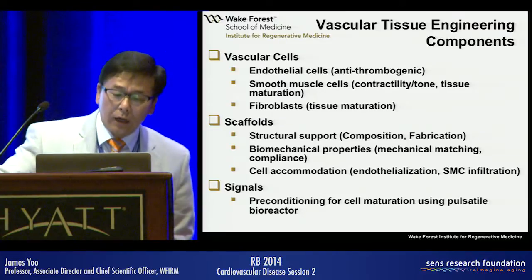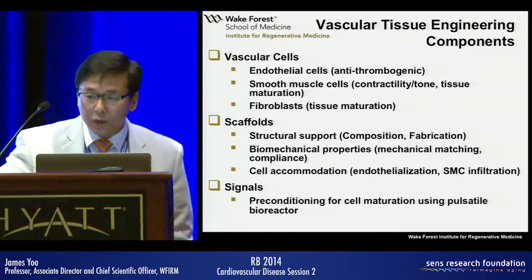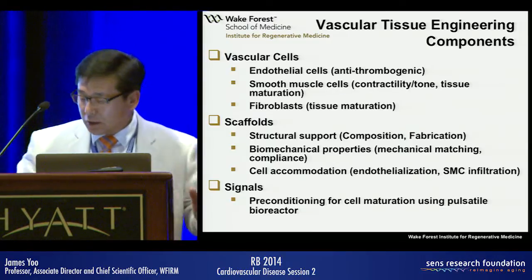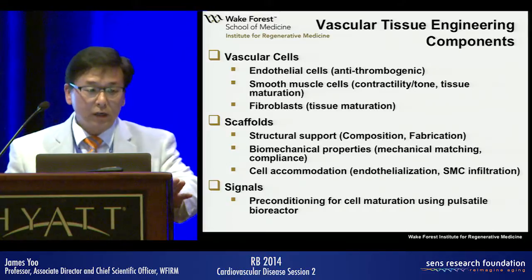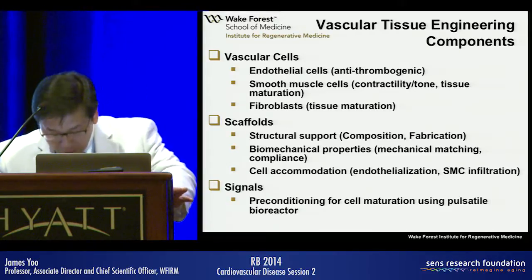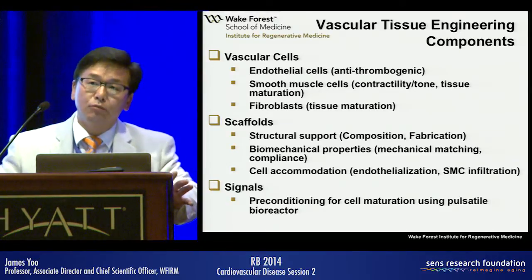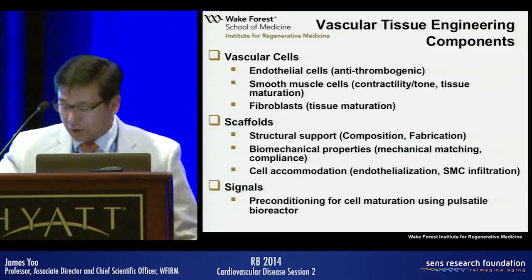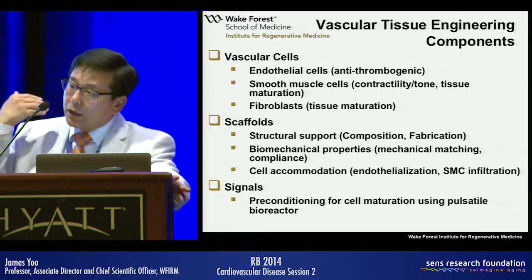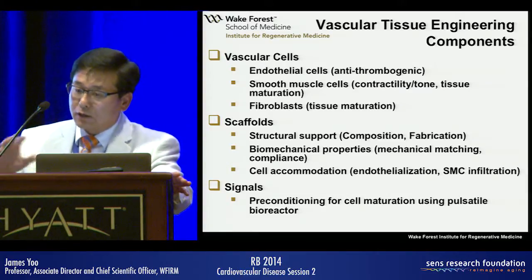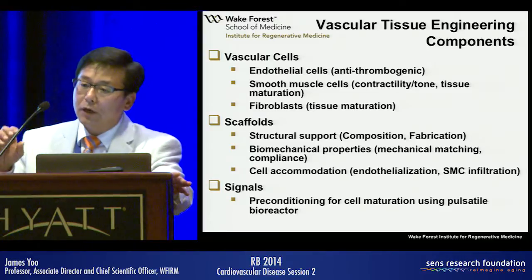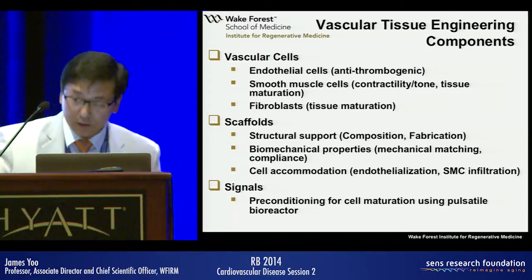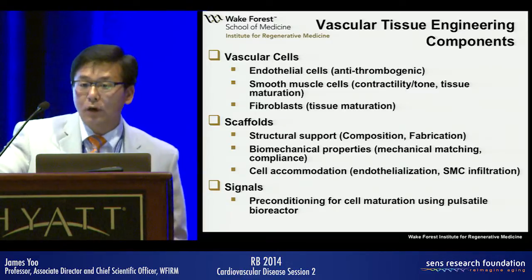And then as far as maturing the cells, we have used bioreactors. When you grow cells in vitro, those cells are not exposed to a high pressure, high flow environment; those are normal atmospheric pressure. So even if we attach those cells onto a scaffold, if they are exposed to high flow physiologic conditions, those cells tend to fall off.